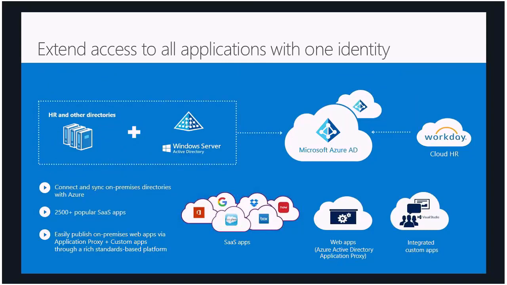Extending that application capability out into all of the applications that are available. I think this slide says 2,500 popular SaaS apps, but I believe that number is more up to 3,500. And please note here that not only is this for cloud-based applications, as you're kind of listing here, it's especially easy, if you will, for web-based applications as a whole, and those applications can also be on-prem.